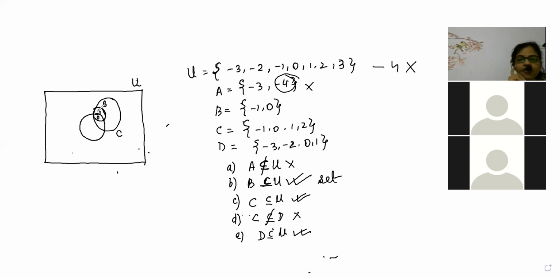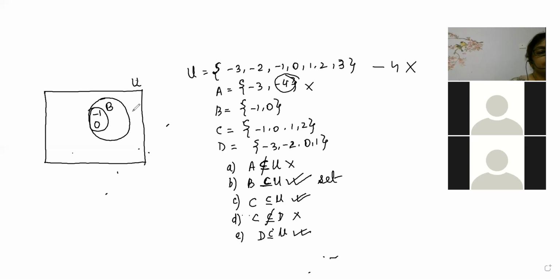Let me draw it big so that you can understand it nicely. B is there. B is having 0 and -1. Now C and D are sharing 0 and 1.